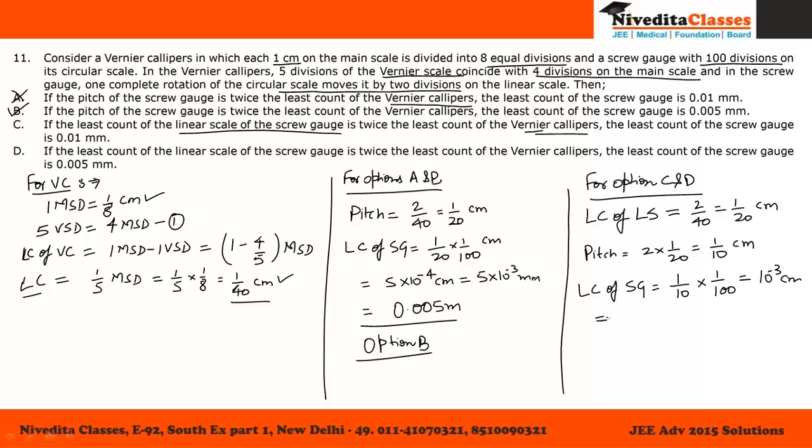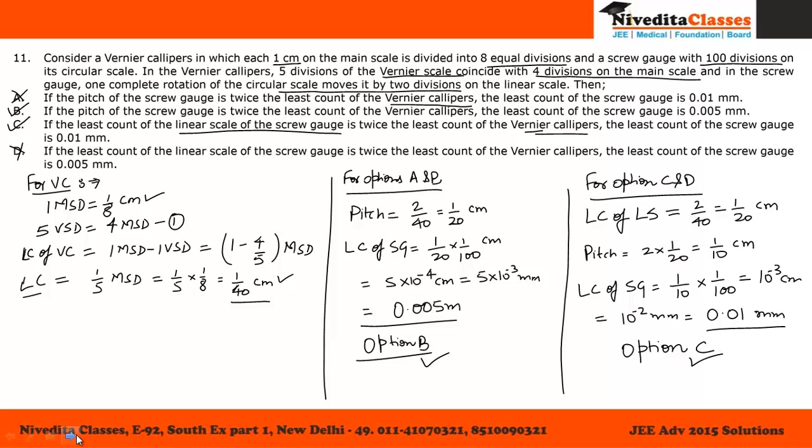If I convert it into mm, it will be 10 raised to the power minus 2 mm, and writing it in decimal form, it will be 0.01 mm. And this is our option C. So option C is correct and option D is wrong. So our correct answers will be option B and option C.